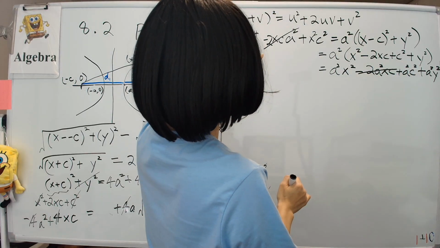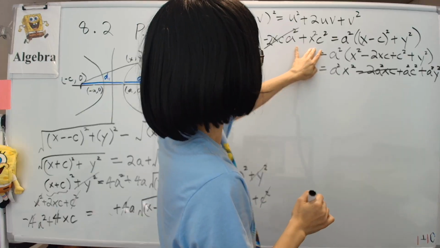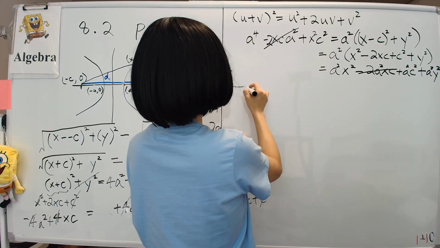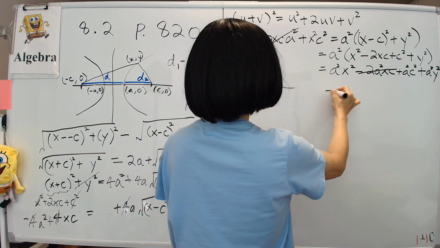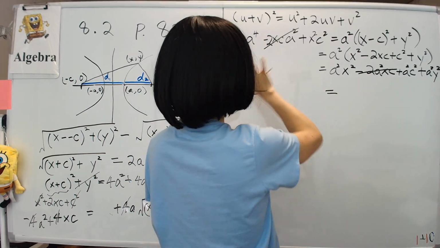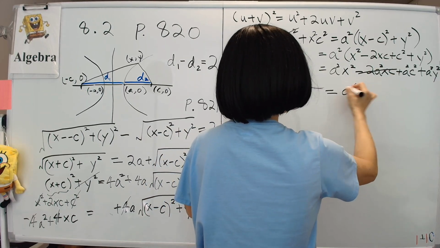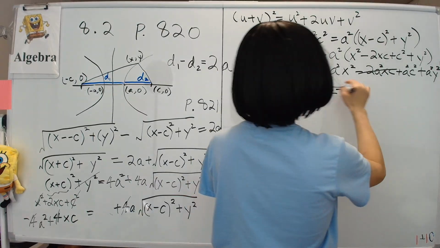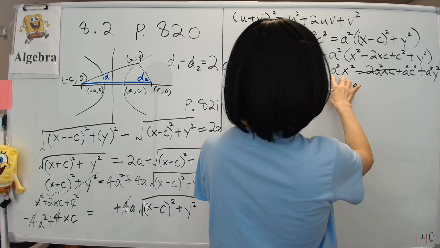Everything else stays. And so now we're going to keep everything that has x or y in it on one side of the equation. So let's keep this thing here. Okay, x squared c squared will be on this side of the equation, and the a to the power 4, we'll put it on the other side because it doesn't have any x's in it, and it has a negative sign, being that it got moved over. And then plus, where did this one come from?